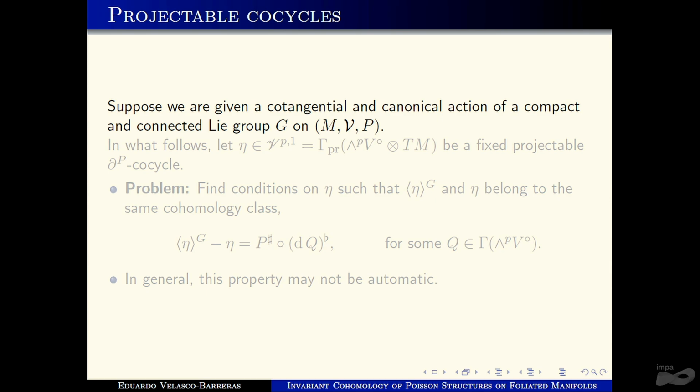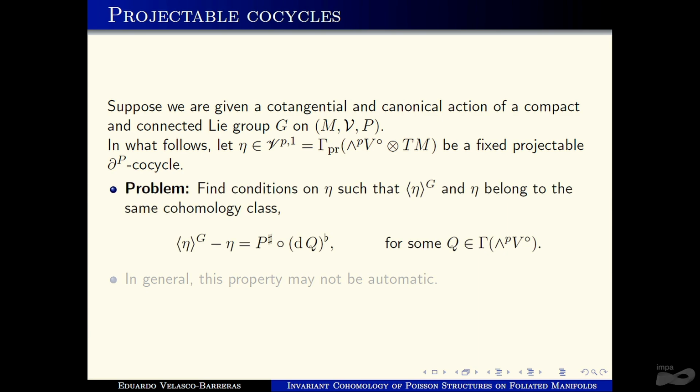So again, let us consider a canonical and cotangential action of a compact and connected Lie group on a Poisson foliation. And in what follows, let us fix a projectable cocycle and a projectable vector valued one form, which is a cocycle of the cochain complex.